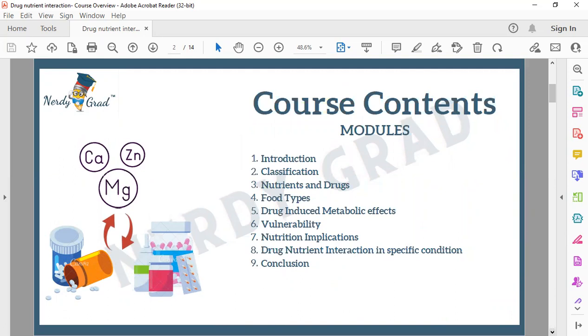This course is going to talk about the basic introduction, what is a drug-nutrient interaction, and the classification, how each drug and nutrient interaction is classified, nutrients and drugs, types of food that give the interaction, and the drug-induced metabolic effects on each food on our body, and vulnerability, people who are more vulnerable, and the nutrition implications of each reaction, drug nutrient interaction in specific conditions, followed by conclusion. These are the course content modules.